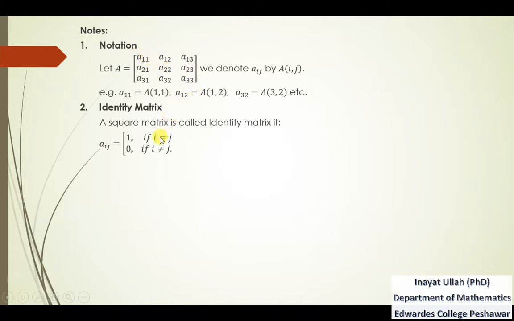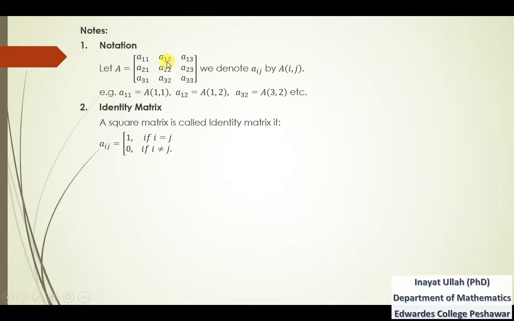Whenever I equals j, it means that this is an entry of the main diagonal. So whenever the main diagonal of a square matrix is 1 and the rest of the elements are 0, where I is not equal to j, all those entries will be equal to 0.